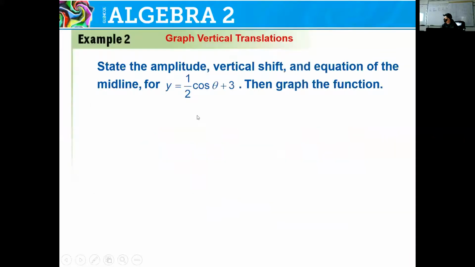All right. So state the amplitude, vertical shift, and equation of the midline for y equals 1/2 cosine of theta plus 3. You can see there is no parentheses, so we assume that this is outside. So we're going to handle it the same exact way.